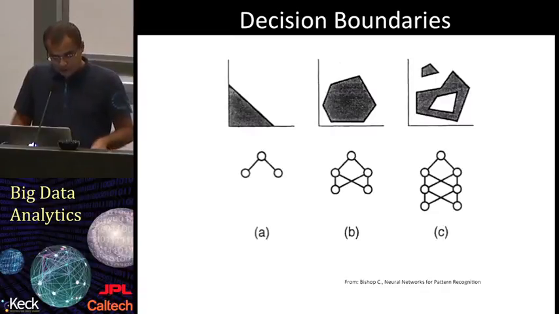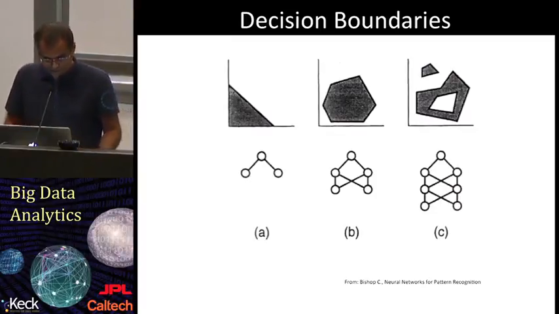Two-layer networks, like in B, can generate more complicated decision boundaries, surrounding a single convex region of the input space. Networks with 3 or more layers can generate arbitrary decision boundaries that may also be non-convex or disjoint, like in the figure.